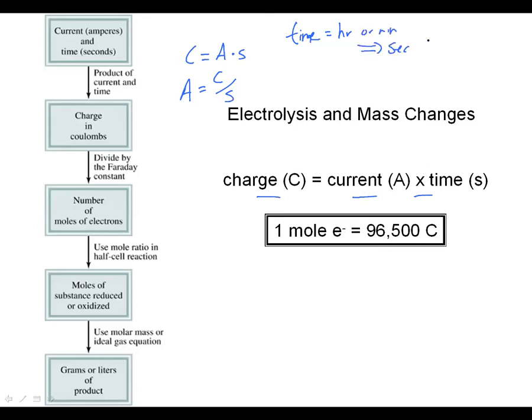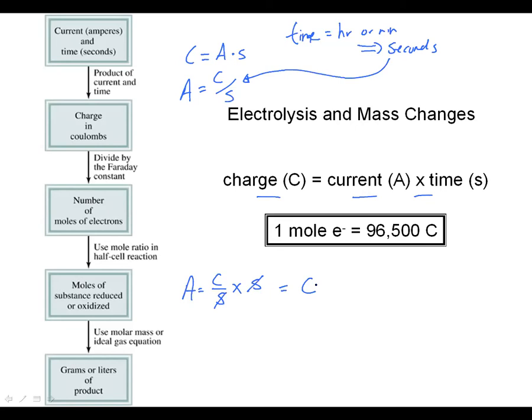Because if you take the amperage, which is coulombs per second, and multiply it by the seconds you ran it for, that will give you the coulombs of charge associated with that particular electrolysis cell.